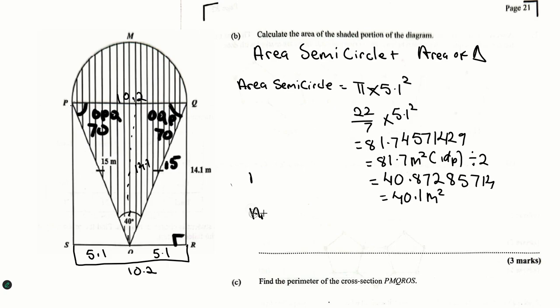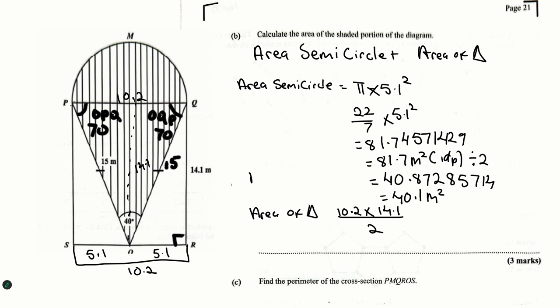The area of your triangle, again, we have to take into consideration what is given. You can use Heron's formula because all sides are given. Also, you can use base times height over 2. We have the base, which is 10.2, times your perpendicular height, which is 14.1, all divided by 2.